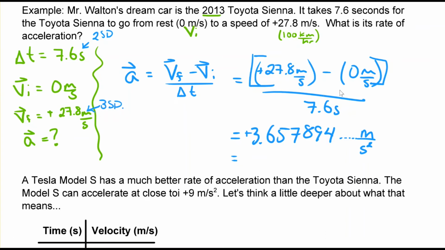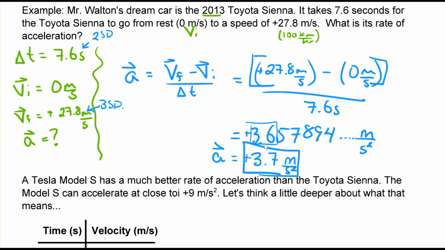When you're multiplying and dividing, you have to take the lowest number of significant digits. So we have to round to 2 digits. The 3.6 is actually going to turn into 3.7, positive 3.7 meters per second squared. Perfect. That's the rate of acceleration of my dream car, the 2013 Toyota Sienna.